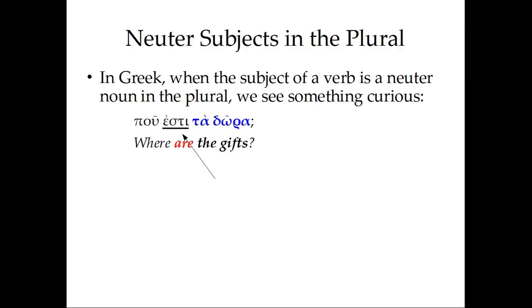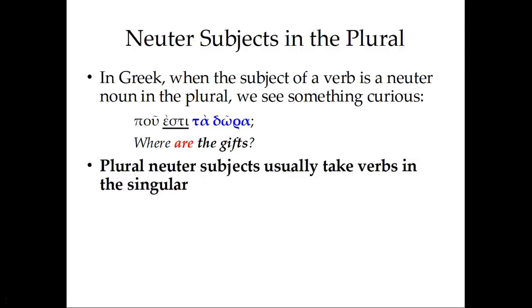And the rule for this is plural neuter subjects like tadora, the gifts, usually take verbs in the singular. That is, the verbs that they're the subjects of remain in the singular form. This is very curious. I don't know of any other language where this happens.